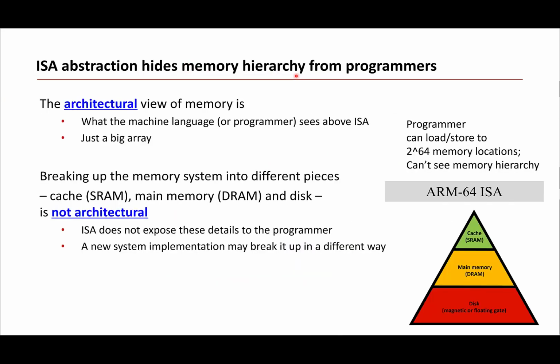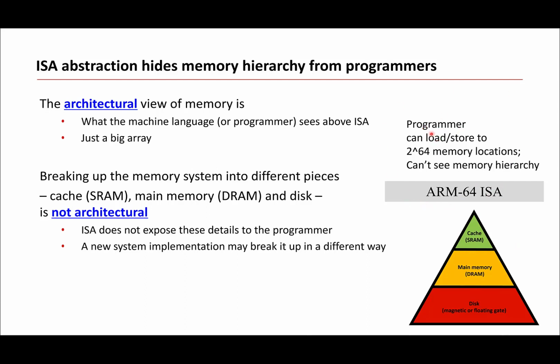Now, the memory hierarchy that we talked about is fairly complex. It has several devices, caches, main memory, disk, and it has different latency and size considerations. We don't want to expose these details to the programmer because otherwise programming can become a much more tedious job than it is today. So the solution is the ISA abstracts all these details away and makes them invisible to the programmer.